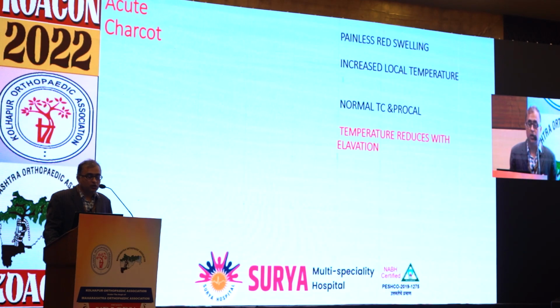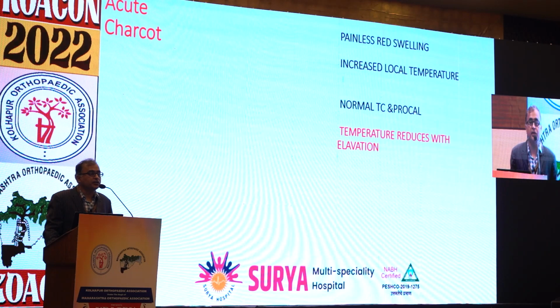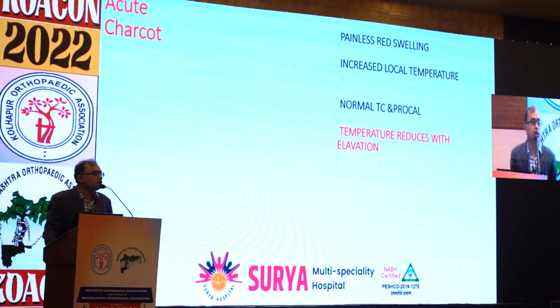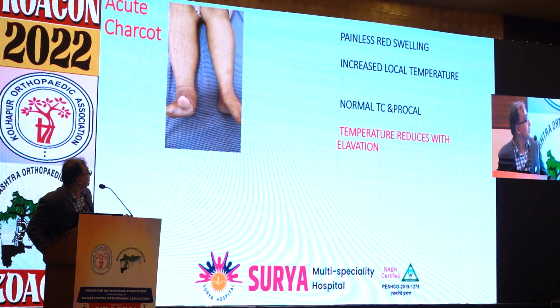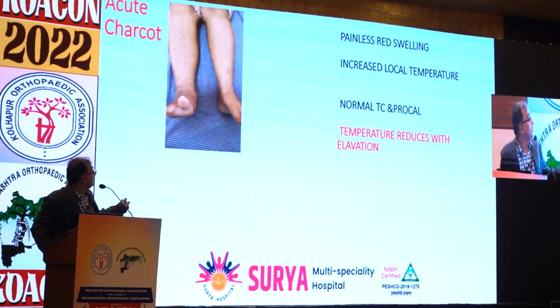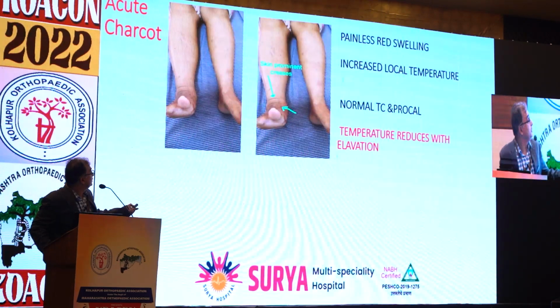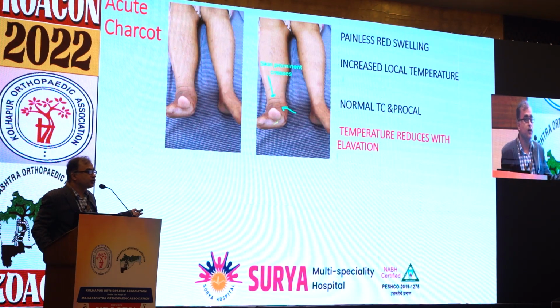In Charcot, the total counts are normal, procalcitonin is normal, and most important, the temperature reduces with elevation. You put the patient on elevation for 12 hours, and the temperature will reduce in a Charcot, but will not reduce in the case of infection or cellulitis. So this is a typical presentation, one-sided edema, and this skin rise is more or less pathognomonic of a Charcot process.